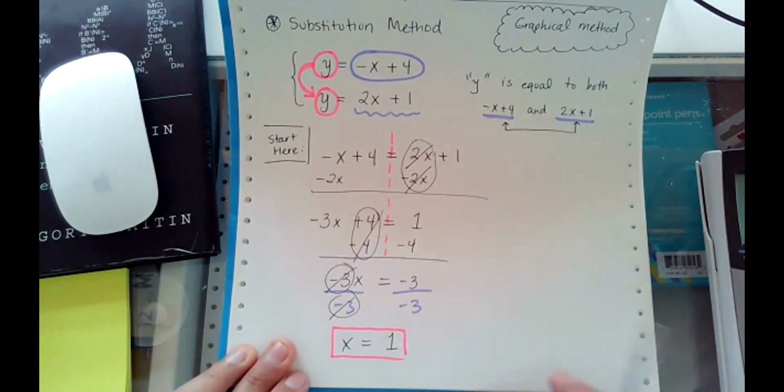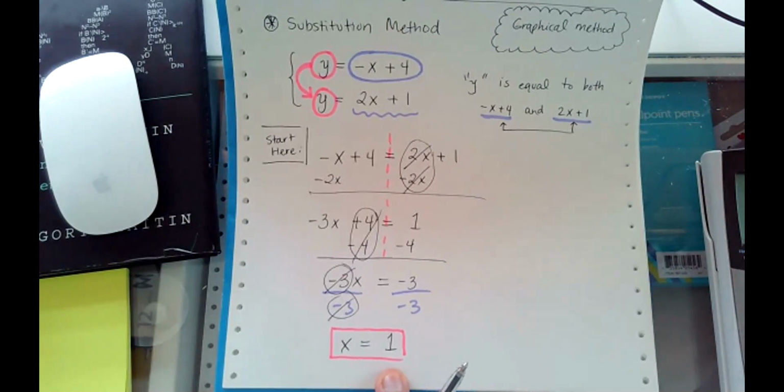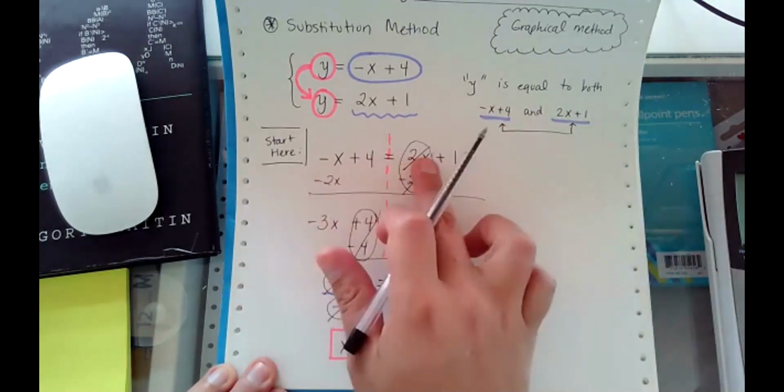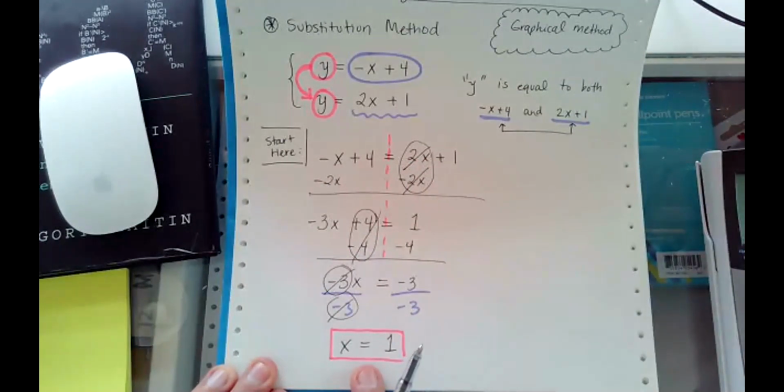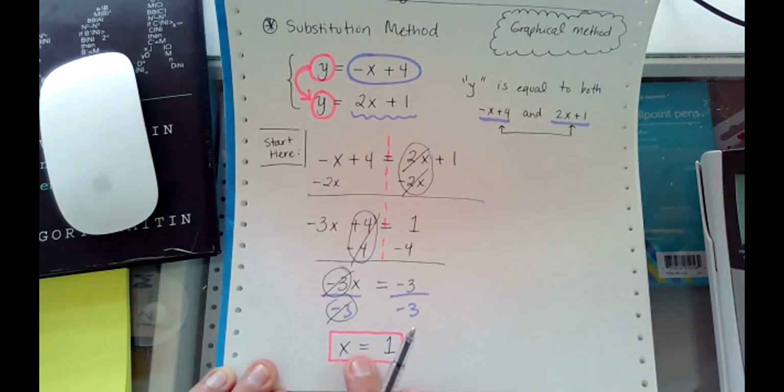Okay. Is everybody with me, or did I lose anybody here? So we set the two expressions equal to each other. We now have an equation in one variable, and we solved for that variable. But this is just the x. We need to know what y is, right? Because our solution is going to be an ordered pair. Well, how do I find y?